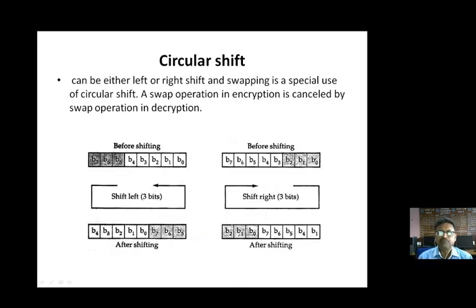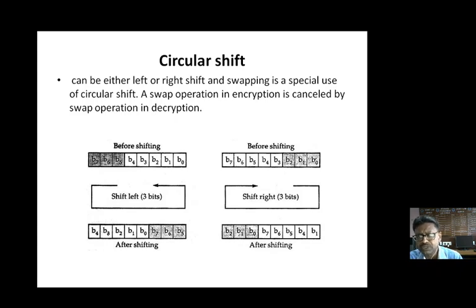Another component of modern block ciphers is the circular shift. As we have seen, there are many components, and the circular shift is another component, with a circular shift operation.